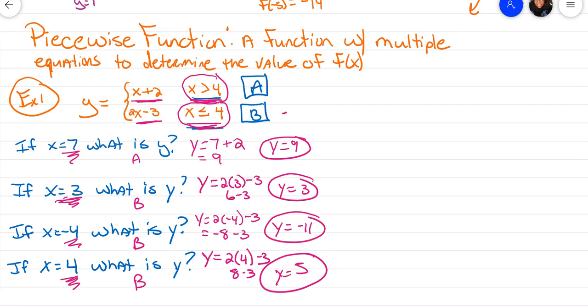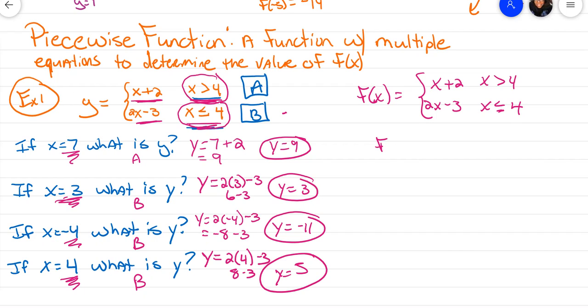So this is an example of a piecewise function, and that is how you would evaluate it for some given values. Now, note that if it was written this way, f of x equals x plus 2, it's the same thing, but it would have been written differently underneath.